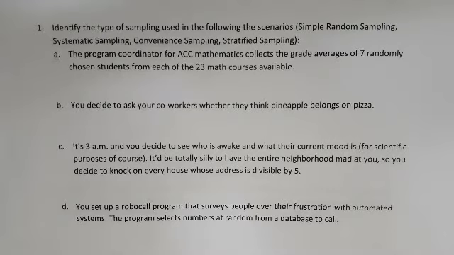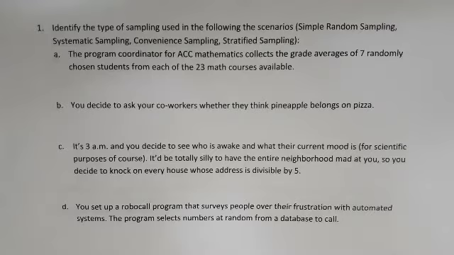So if we read all these 4: A, the program coordinator for ACC Math collects the grade averages of 7 randomly chosen students from each of the 23 math courses available. B says you decide to ask your coworkers whether they think pineapple belongs on pizza. C says it's 3 a.m. and you decide to see who is awake and what their current mood is, for scientific purposes, of course.